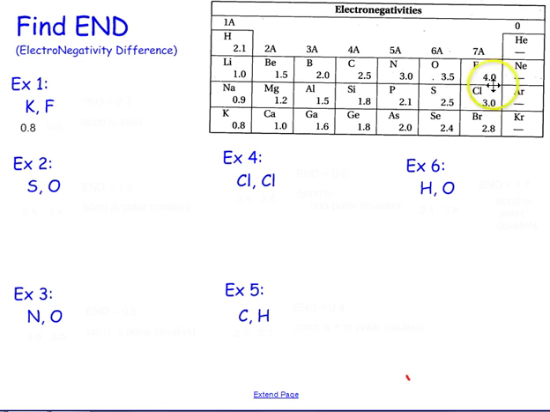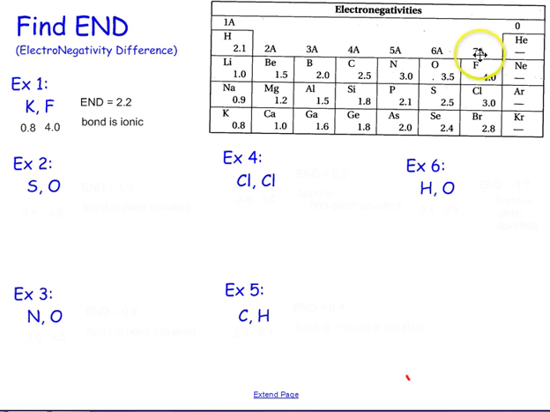Fluorine on the periodic table is a 4.0. So if we were to try to bond potassium and fluorine, the electronegativity difference is 2.2, and since this is a very large electronegativity difference, the fluorine will actually steal the electrons from the potassium, and the bond will be an ionic bond.